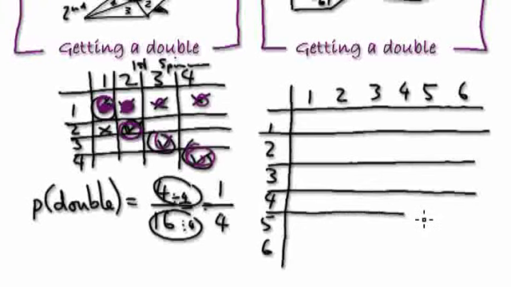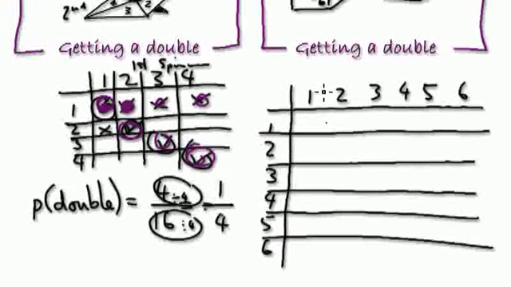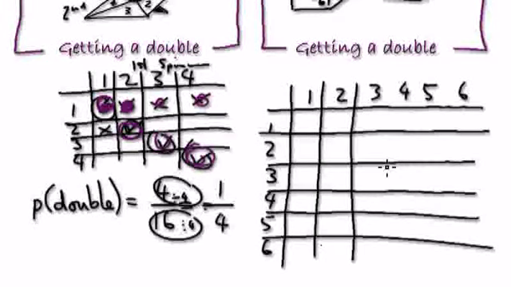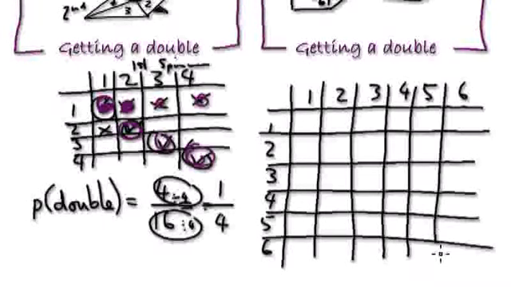By the way, you can use that tree diagram I showed you in the previous video, but for the time being, just stick to the table. So this is good. This is good. This is good. Good. Good. Good. Okay. All the others are bad.